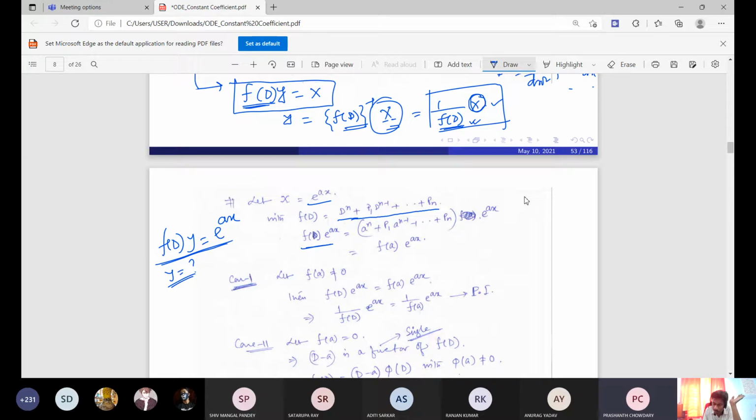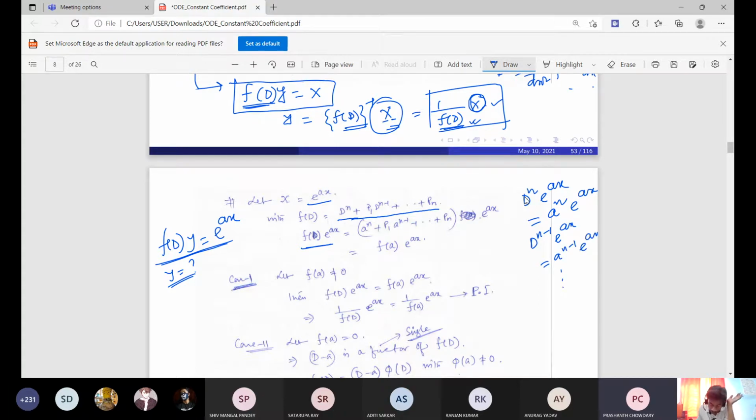If you operate f(D) on e to the power ax, what happens? D to the power n of e to the power ax, you know that it will be a to the power n e to the power ax. Likewise, D to the power n minus 1 of e to the power ax will be a to the power n minus 1 e to the power ax, and so on. You can find all the values.